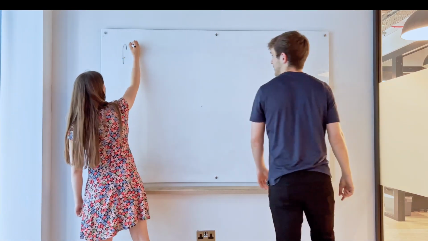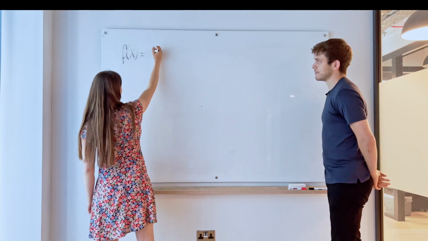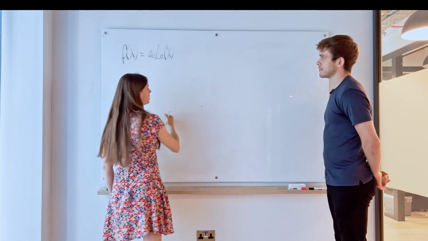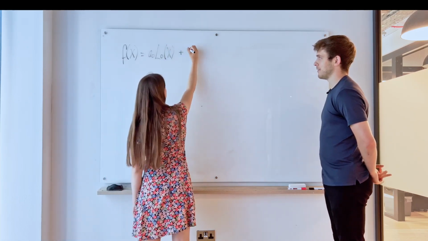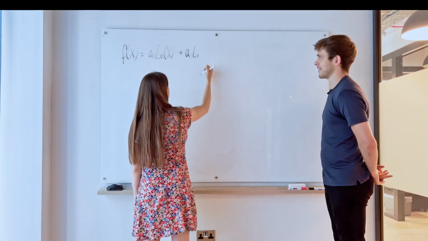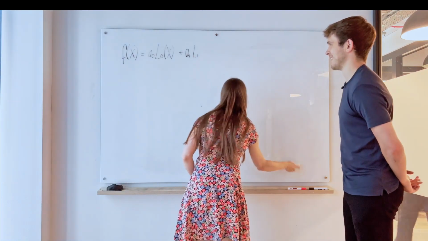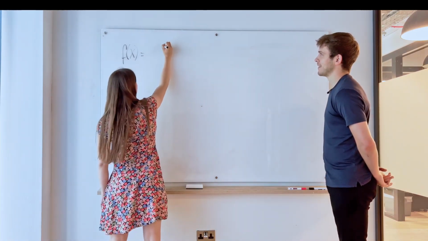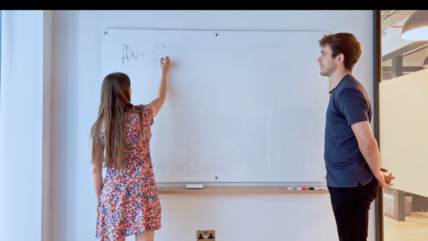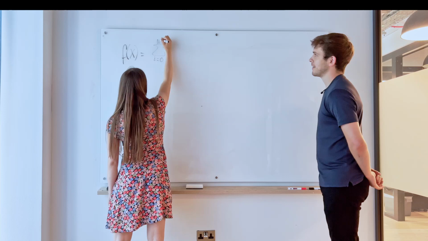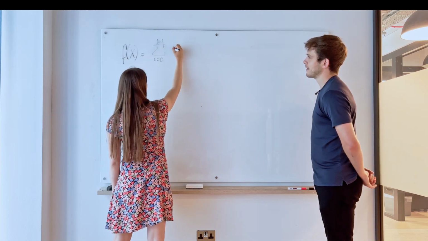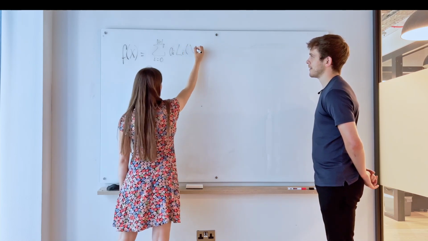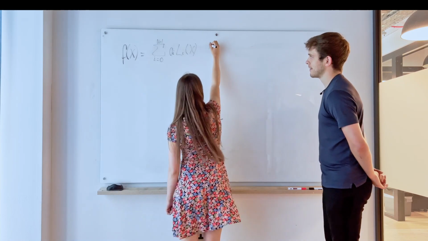So let's say that f of x is equal to the sum of i equals 0 to n minus 1 of a_i L_i of x.